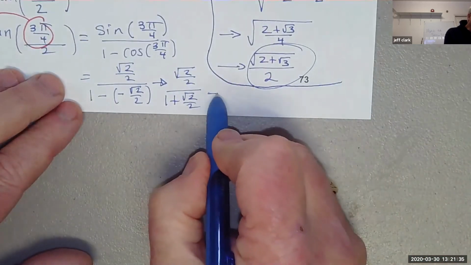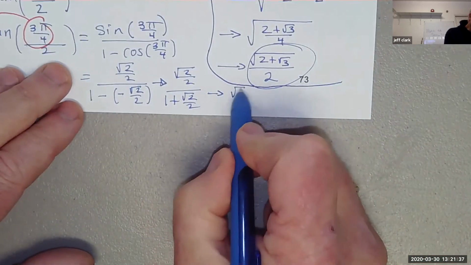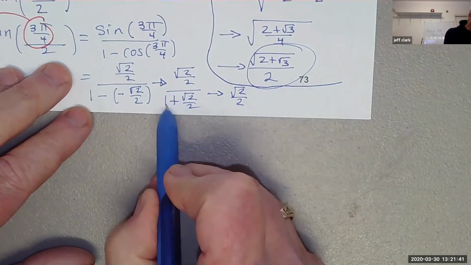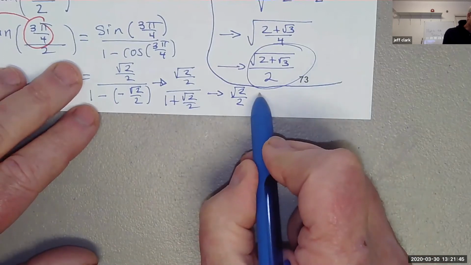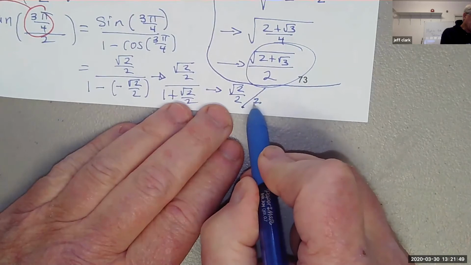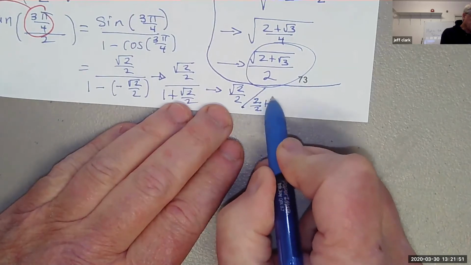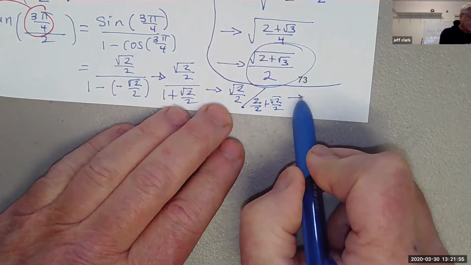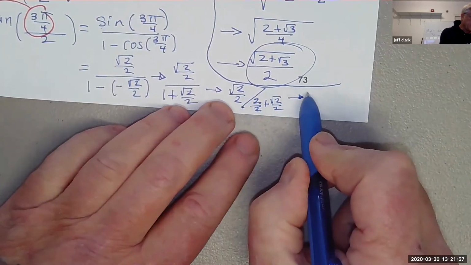Okay, keep going. Squeeze this in here, root 2 over 2. Okay, top and bottom by 2. Yeah, what a mess. I'm going to print it like this, and then that would be 2 over 2 plus root 2 over 2. Oh, I'm going to run out of room.